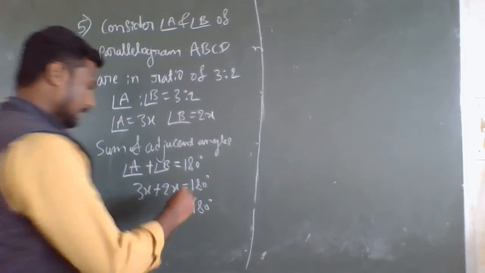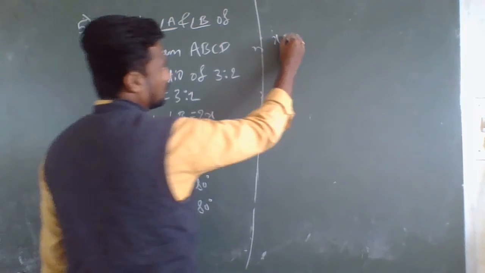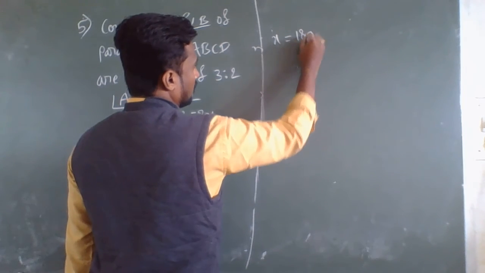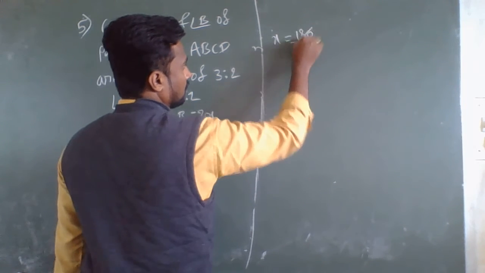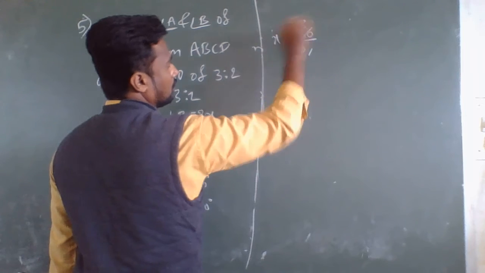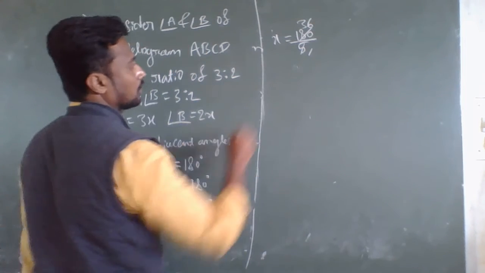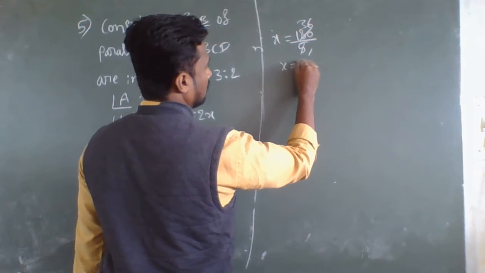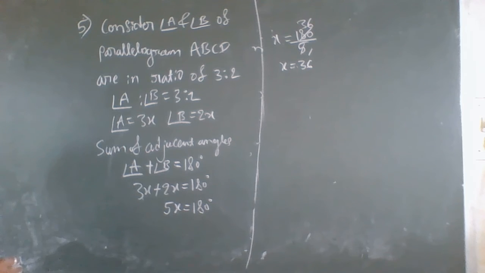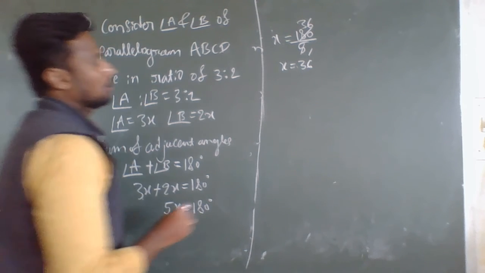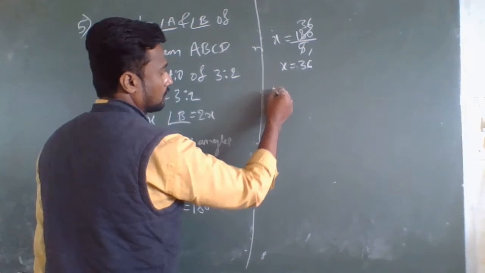Now we will calculate the x value. x is equal to 180 degrees divided by 5. 5 sixes are 30, so the x value is 36. Okay, so now we will calculate all the angles by using the x value.